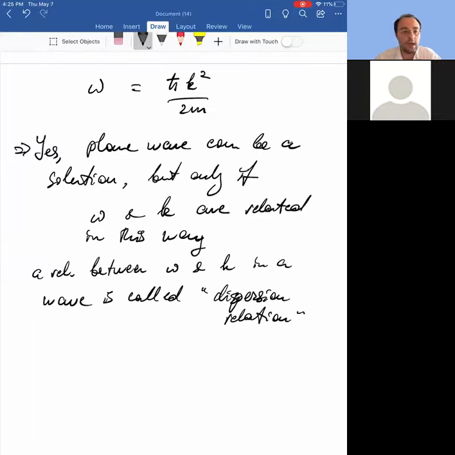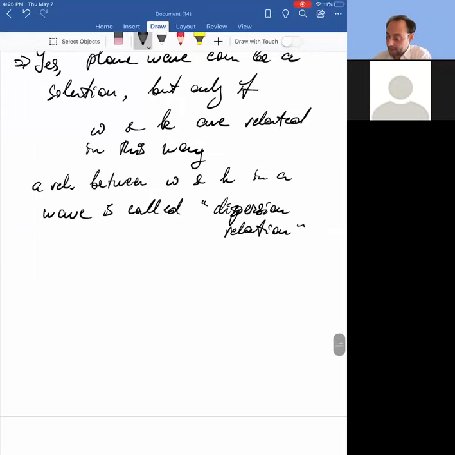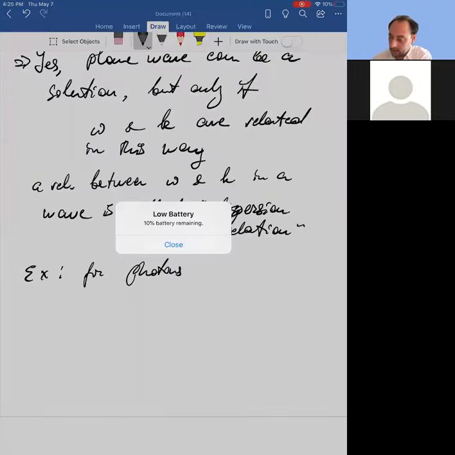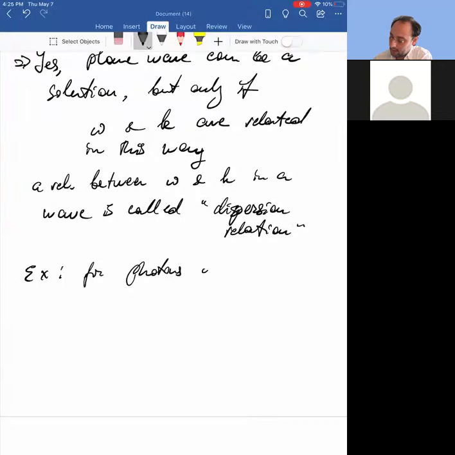So evidently the wave number and the frequency must be related. Have we seen a dispersion relationship before? We've seen it for photons, omega equals ck, or f equals c over lambda. So we've seen an example of a dispersion relationship.